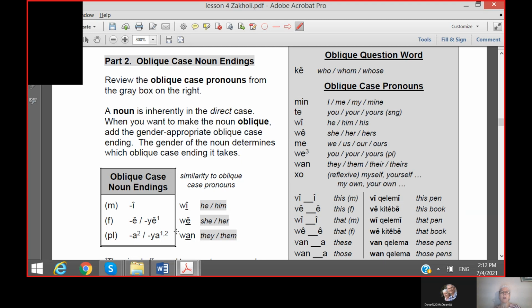First, let's look at oblique case noun endings. Okay, so let's review the oblique case pronouns from the gray box on the right. Here they are. So our question word is K, which is who or whom or whose. And the oblique case pronouns are min, da, we, we, ma, wa or hawa, wan, and then if it's reflexive, ho.